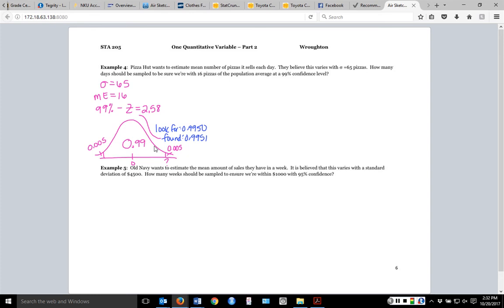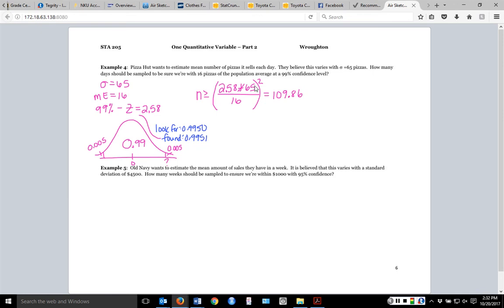Once we have that, we have all of the numbers to plug in. So our n has to be at least as big as our z times our standard deviation over the margin of error that we're willing to have, all squared. And that's probably the easiest thing for students to miss is the squared part there. Doing the math here, we get 109.86.